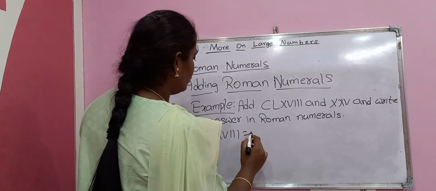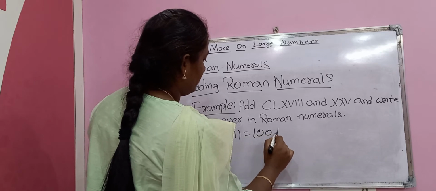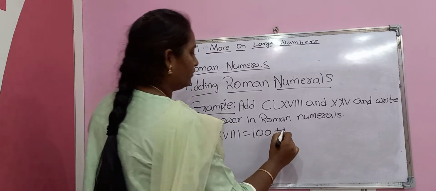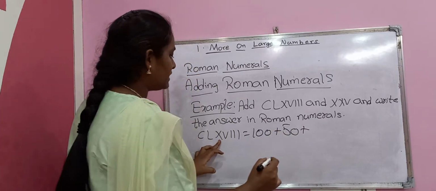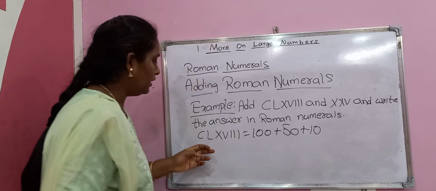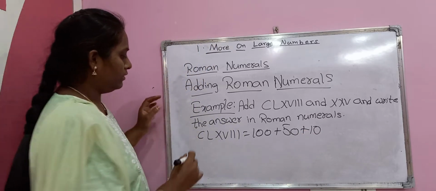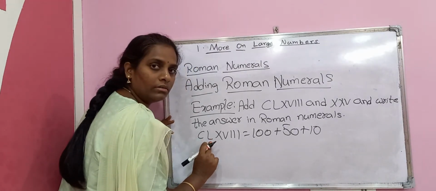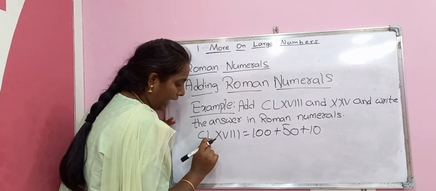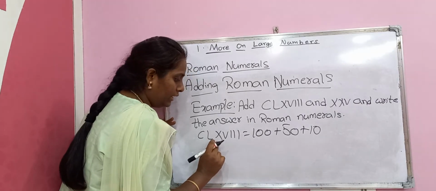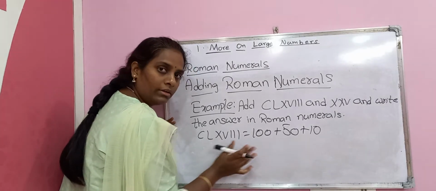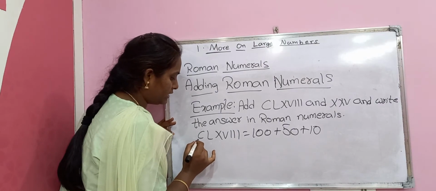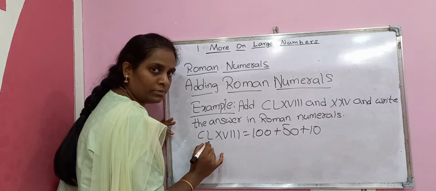What is the C value? 100. What is the L value? 50. What is the X value? 10. See here, this one is larger numeral than L, and L is larger numeral than X. Here larger numerals, all are larger than the next.